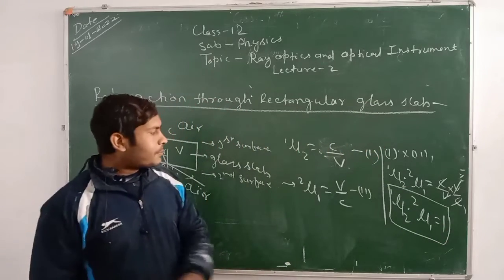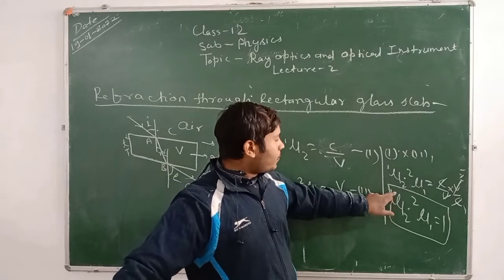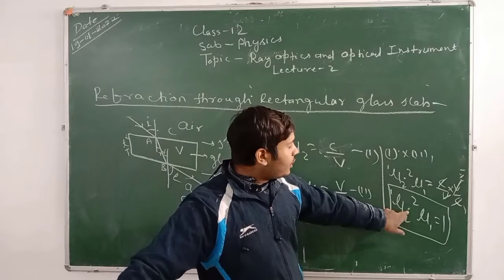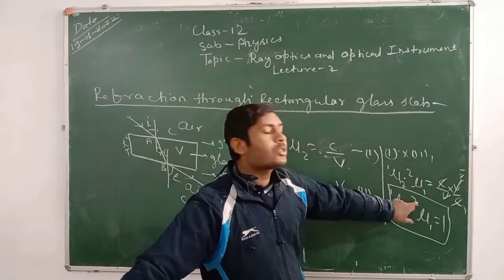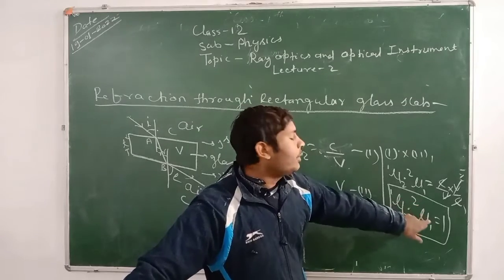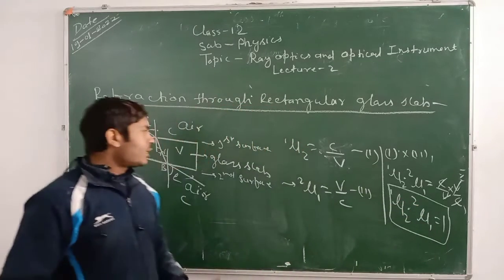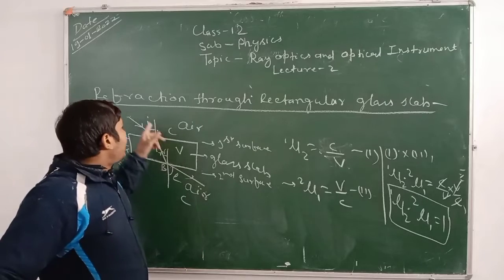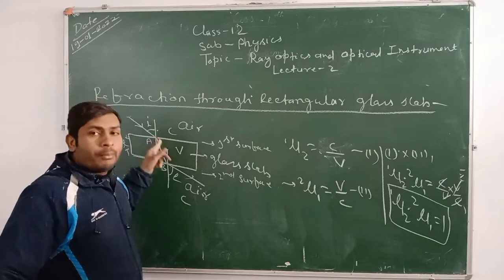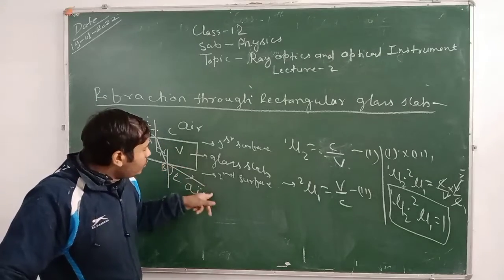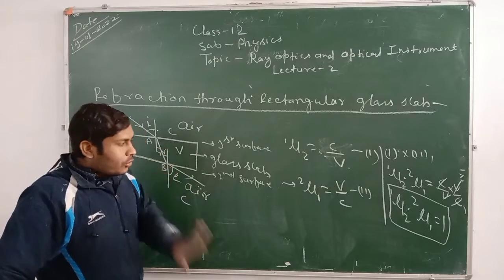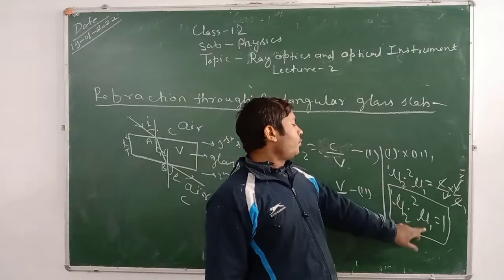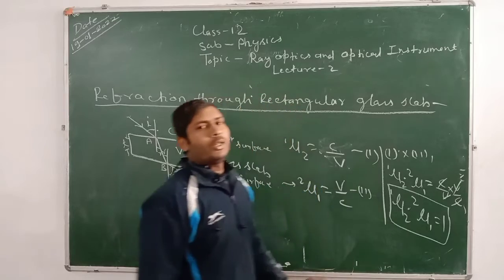Means the refractive index of the second medium with respect to the first medium into the refractive index of the first medium with respect to the second medium, the product will always be equal to 1. Is it clear? Whenever a ray of light is coming from air into a medium and again emerges into the air, the product of 1μ2 into 2μ1 will always be equal to 1.